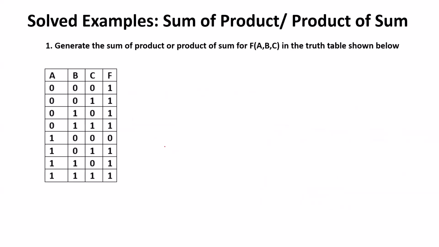Solution: the first objective is to find the SOP for f of A, B, and C. We identify where the output returns 1.